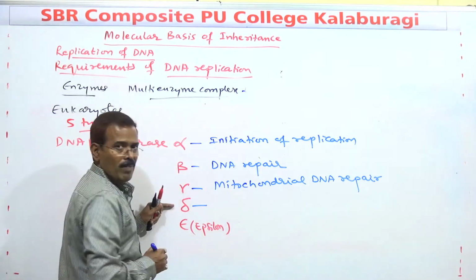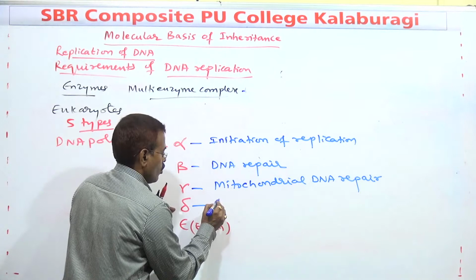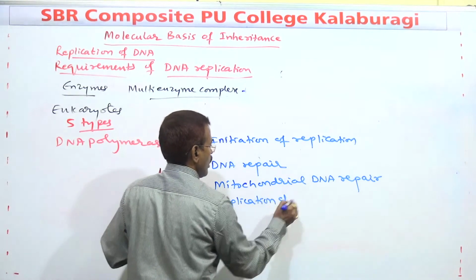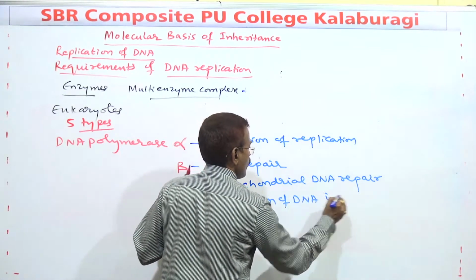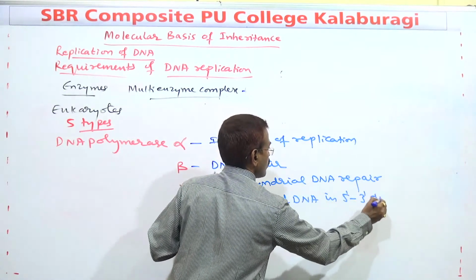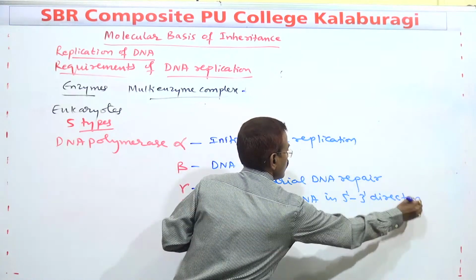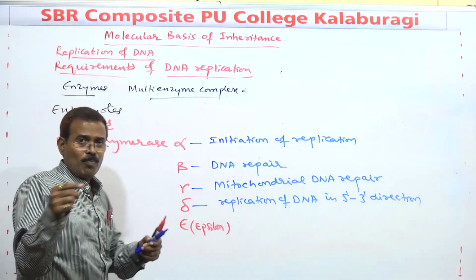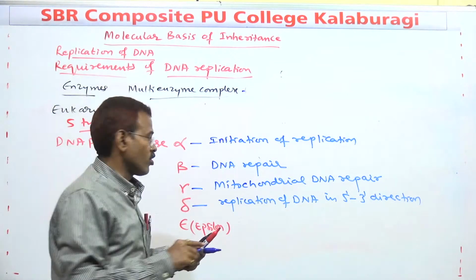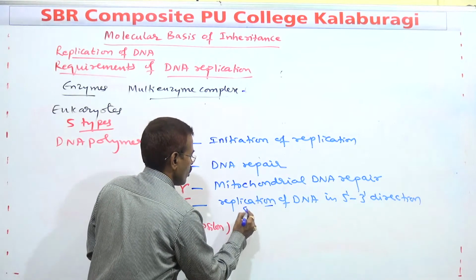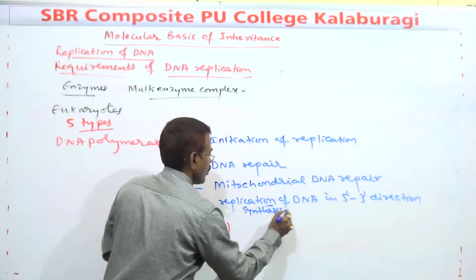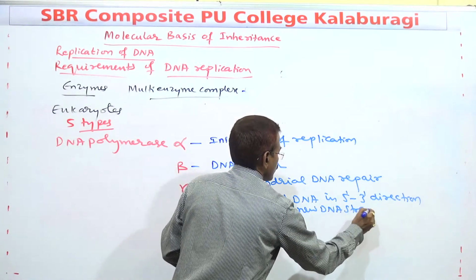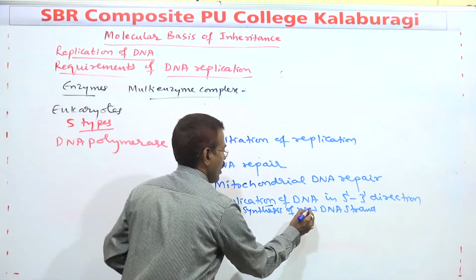Then DNA polymerase delta is involved in replication of DNA in the 5' to 3' direction. In prokaryotes, DNA polymerase 3 catalyzes the synthesis of the new strand. Replication of DNA means synthesis of a new DNA strand in this 5' to 3' direction.